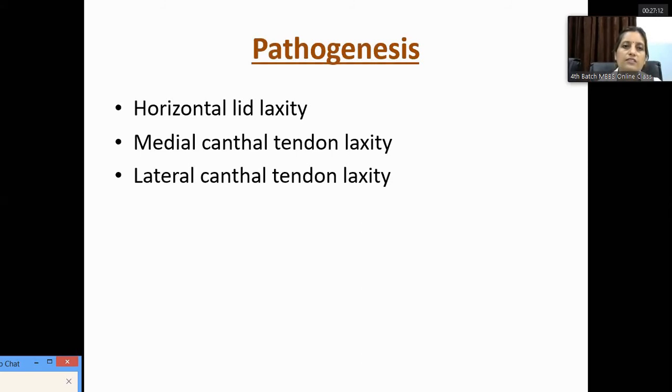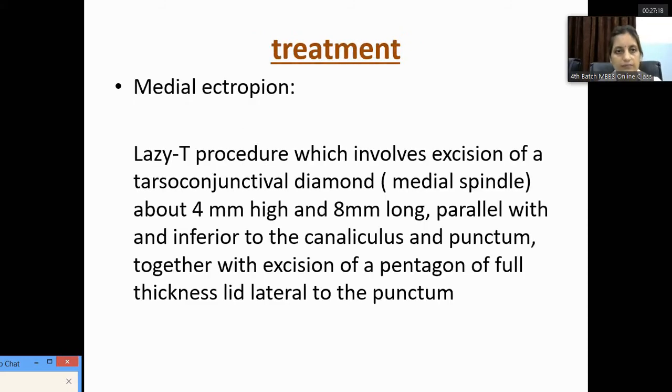Pathogenesis is horizontal lid laxity, medial canthal tendon laxity, and lateral canthal tendon laxity. You will do different treatment procedures. If a medial ectropion is present at the medial side of the eye, then you will do the Lazy T procedure, which involves excision of the tarsoconjunctiva in a diamond-shaped manner, a spindle about 4 millimeter high and 8 millimeter long.